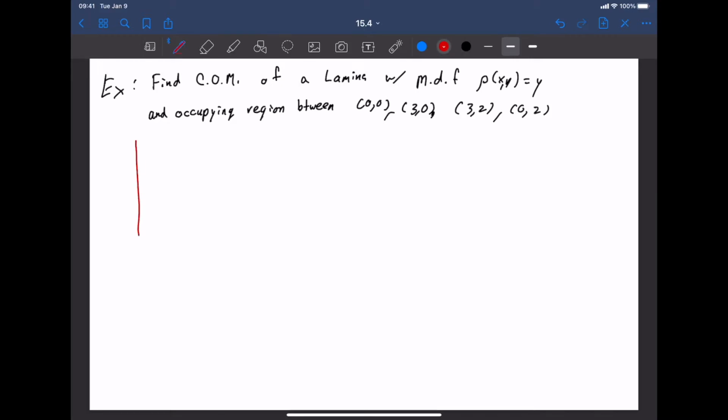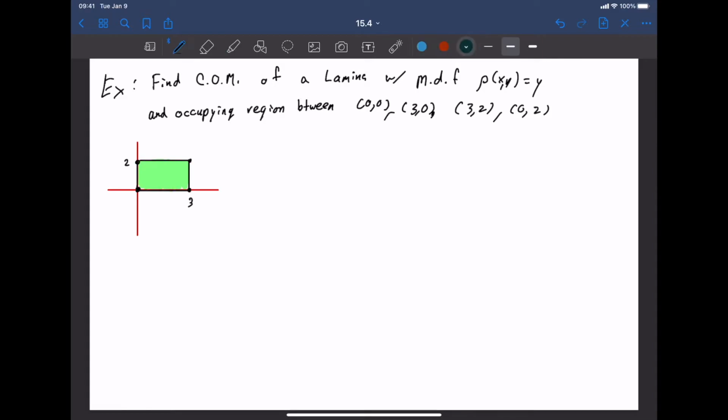Let's draw them. 0, 0, 3, 0, 0, 2, 3, 2. We have a rectangle. Okay, and this is our lamina.